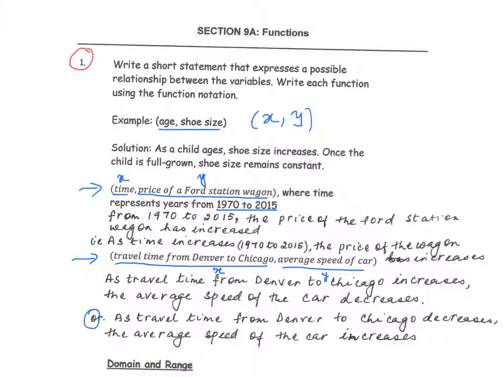Or we can also define it as travel time from Denver to Chicago decreases, which means you're taking a shorter time to reach your destination, then the average speed of the car obviously increases. And once you reach your destination, the speed would have to be zero, obviously. You assume that you stop.